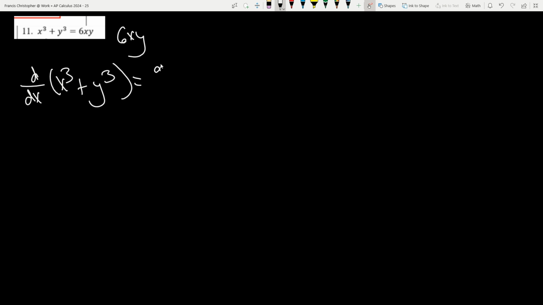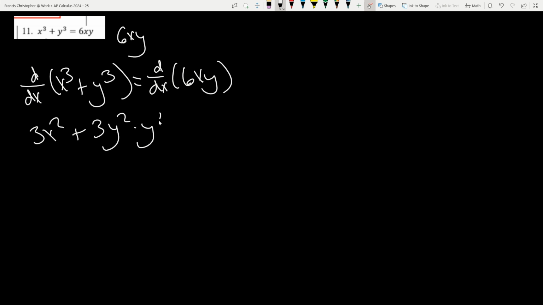The derivative of 6xy, 3x squared plus, and following the pattern where we can just tack on the y prime. I'm not going to go to the chain rule there because I want the focus to be what we do here. So I'm going to take out the scalar of 6, so the derivative of xy.